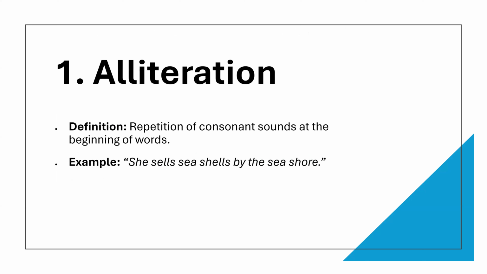We have something called alliteration, which is the repetition of consonant sounds at the beginning of words. For example, she sells seashells by the seashore. Some people use this as a tongue twister as well.